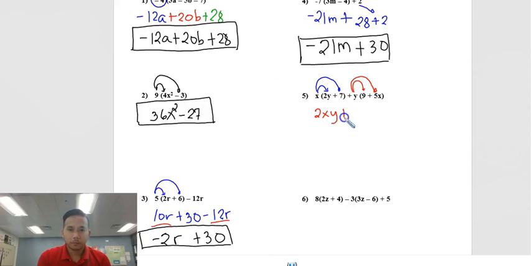Plus x times 7 will give me 7x. Now, we have y times 9 will be plus 9y. Okay. And then y times 5x will give us plus 5xy.